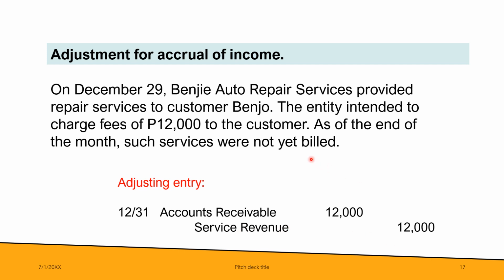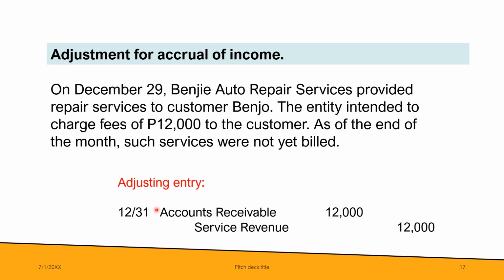How about if the accrual of income relates to interest? Let's say the entity has deposits to a certain bank and the interest earned from that deposit for the year is 1,000. So interest income for that deposit is 1,000.